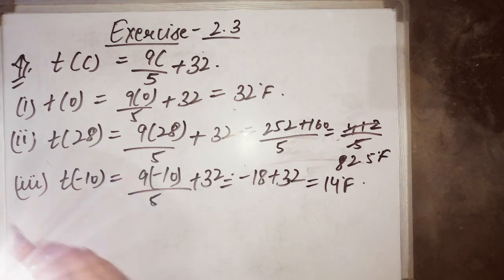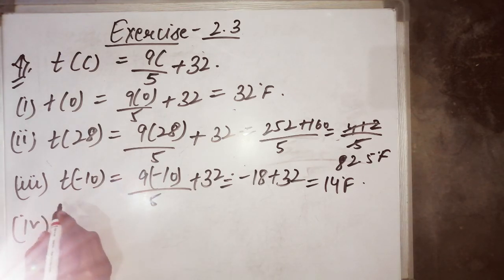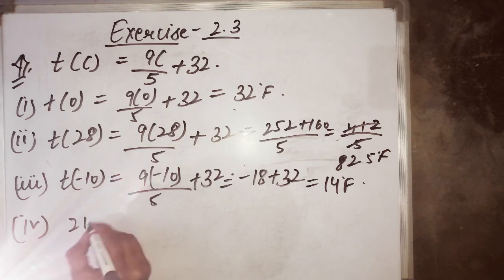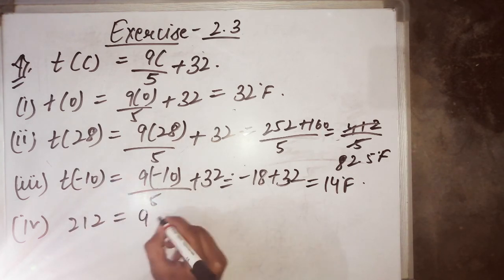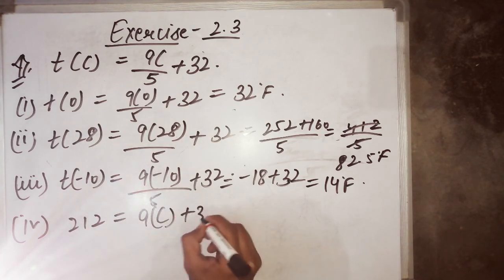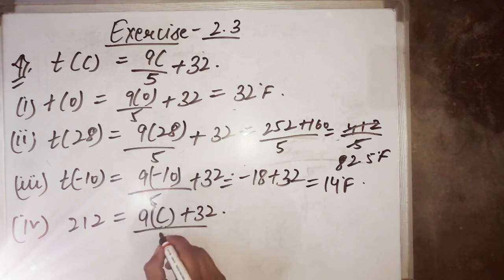Now our fourth part is the value of C when T is equal to 212. We need to find out the value of degrees Celsius when the temperature given to us is 212. 9C plus 32, by 5.